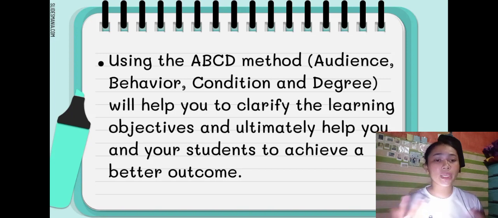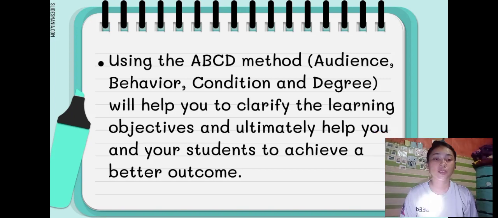So when we make an objective, there is the ABCD method. In making an objective, the ABCD method is very useful because we can see the audience, behavior, condition, and the degree. So we can know if our objective really achieves what we want to.